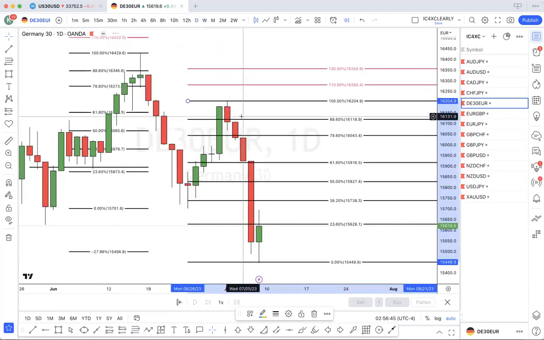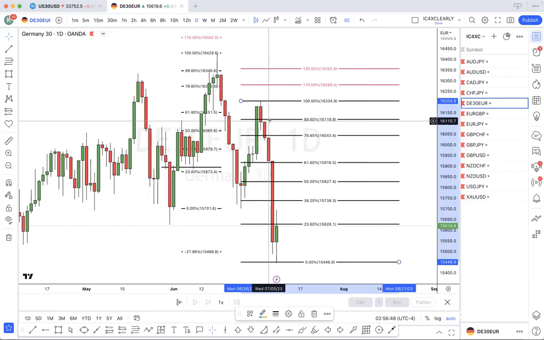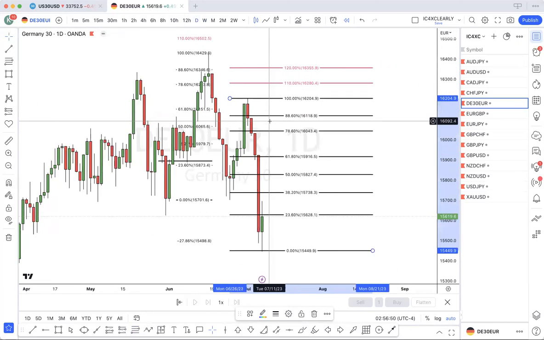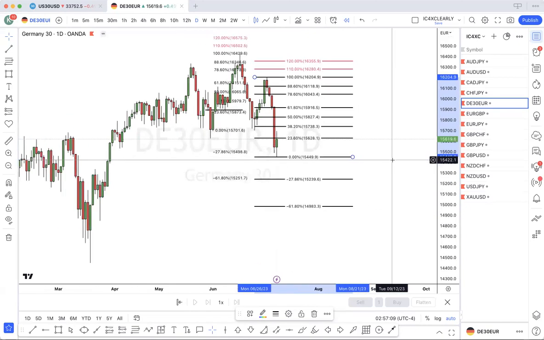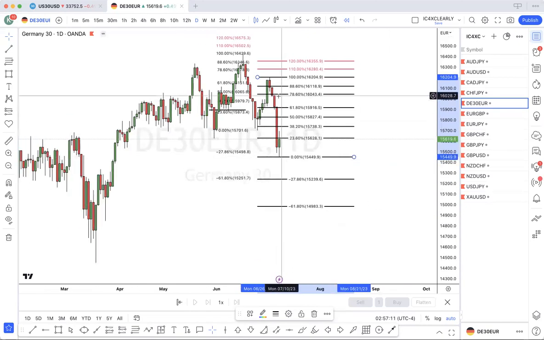Let's go to the daily. So there's imbalance. It could pull back. There's imbalance here at the 78, 618. So price could pull back to one of these zones and then continue selling down to the negative 27.